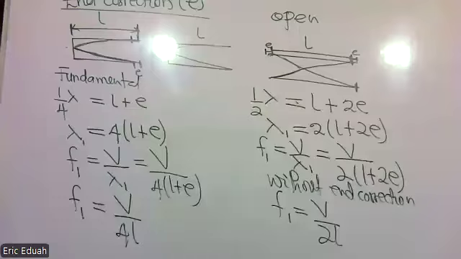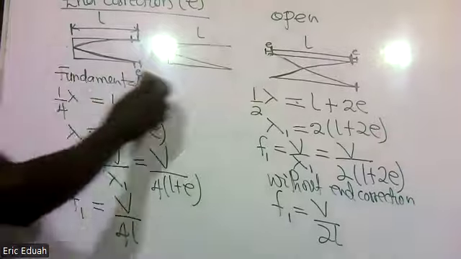So let's look at it for the second note, the second harmonic, for the closed pipe, if there is end correction.